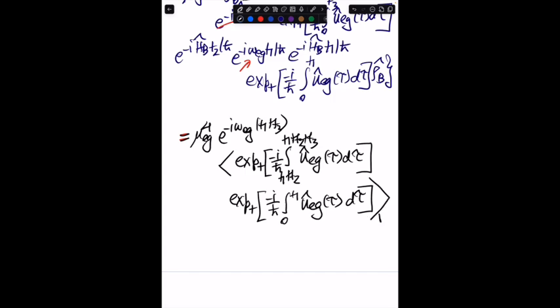Equilibrium ensemble average with respect to the bath. Yes. So this is your dephasing function f4, and this is r4.